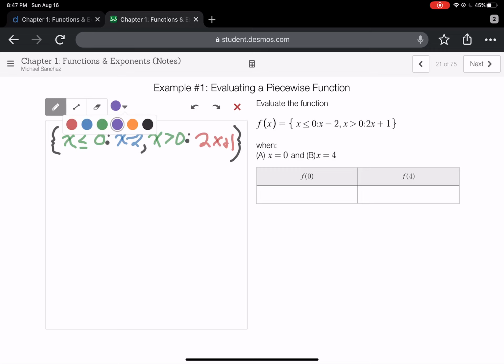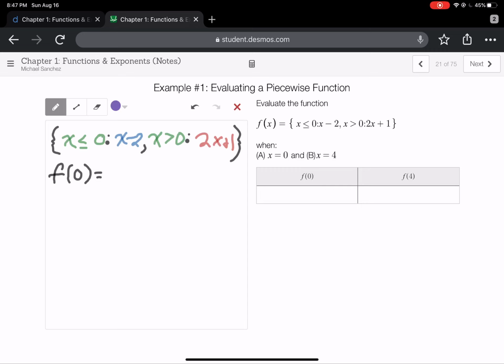All right, so on our first function, we want to find the value of the function f when our value is 0. So what we're going to be looking for is checking to see which piece of the function we have to use to substitute.